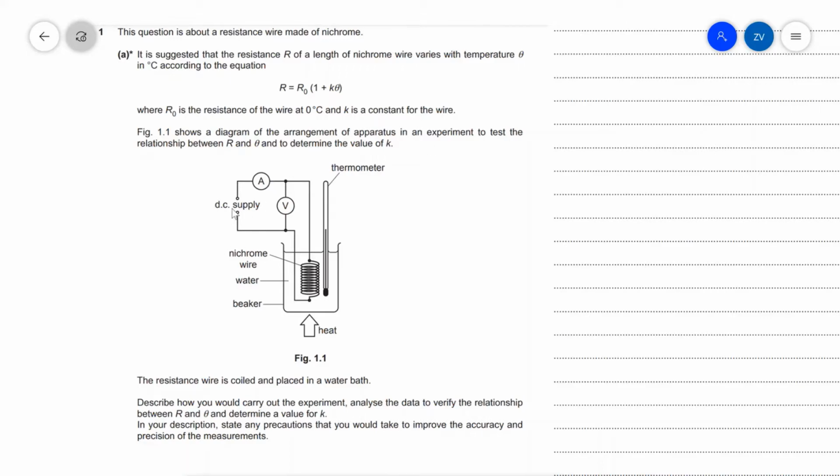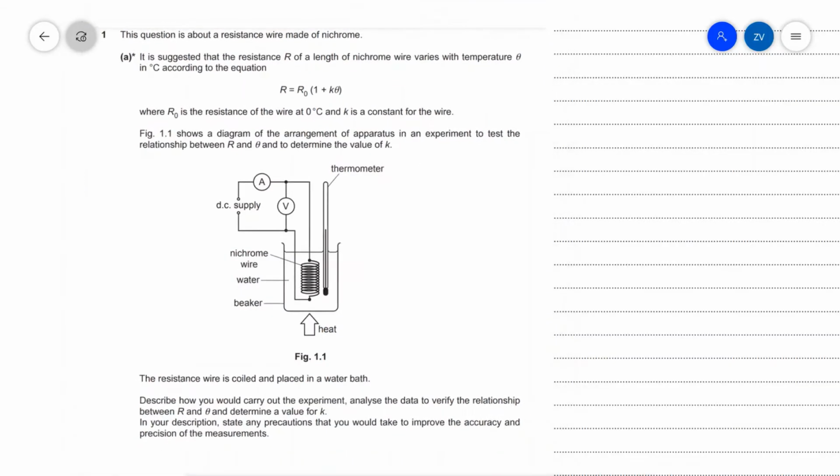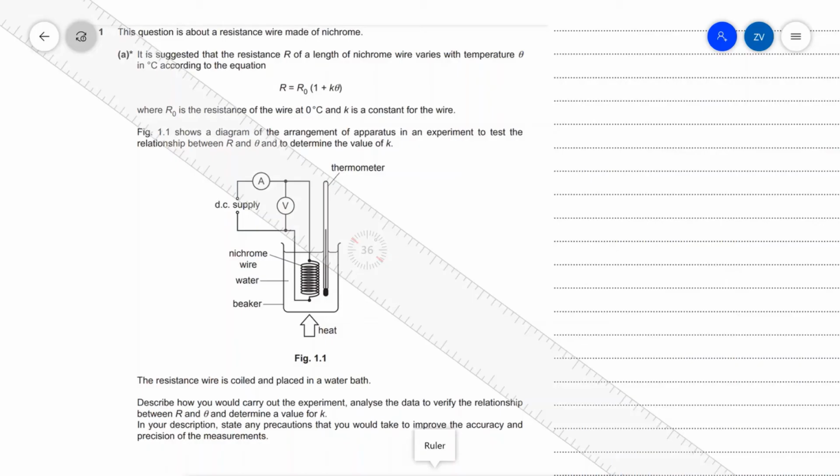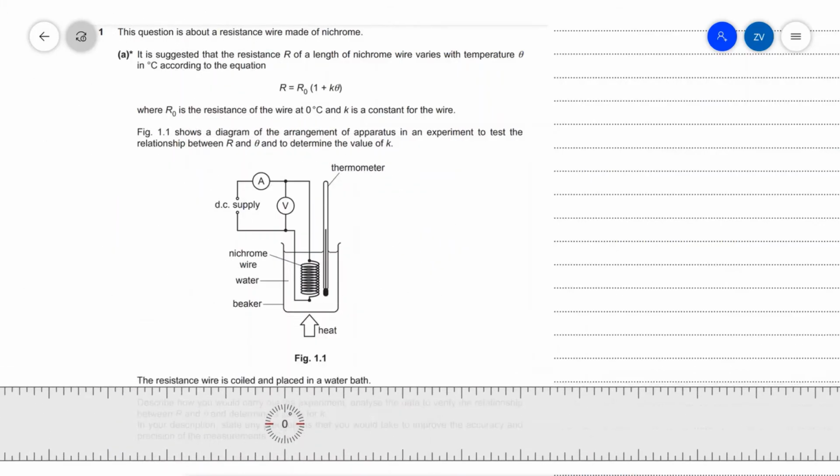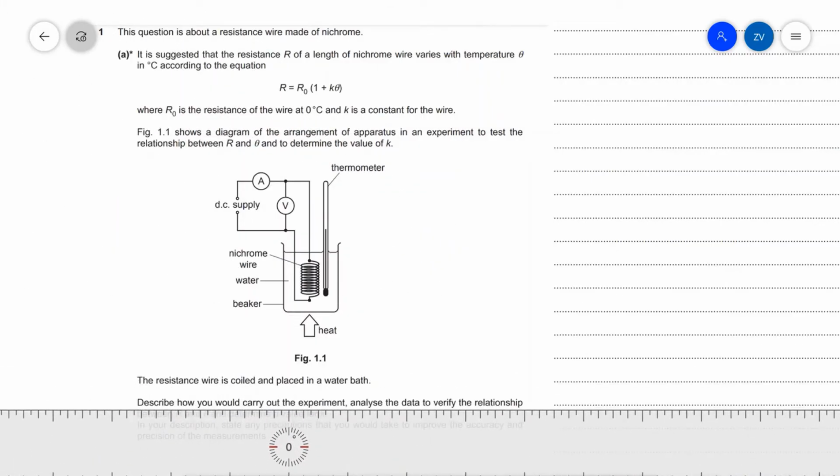You have a circuit up here, which has an ammeter and a voltmeter. Additionally, we're applying some heat to this water bath over here, and what we need to do is describe how we would carry out an experiment. So remember, as always for the 6 markers, I'm just going to underline some of the things that I'm being asked to do.